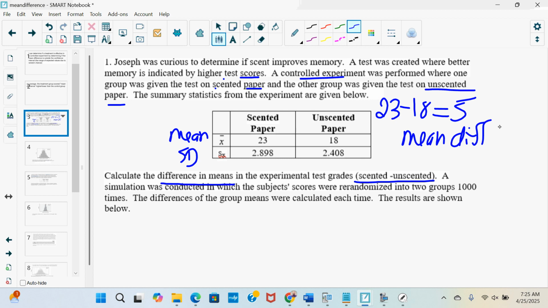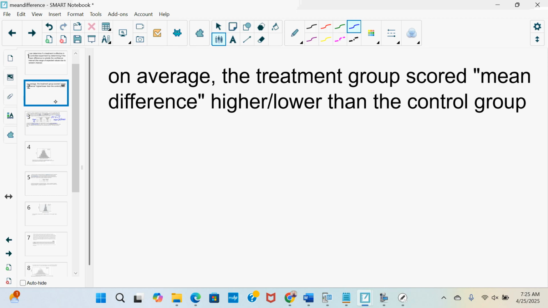This particular question isn't asking for it, but often they'll ask you to explain its meaning in the context of the problem. I have a script for you here. On average, the treatment group scored the mean difference, whatever that value is, higher or lower than the control group.